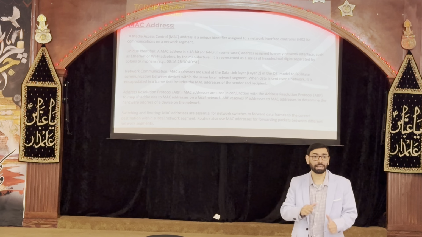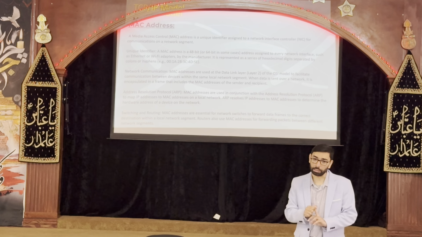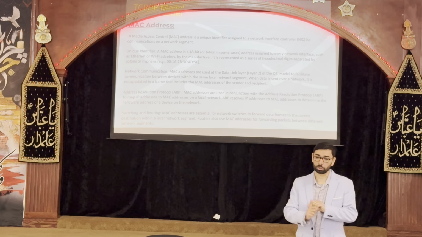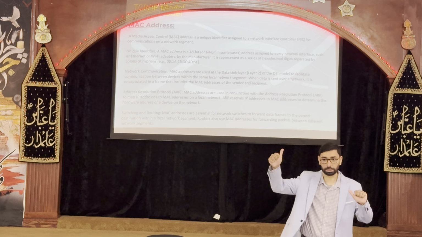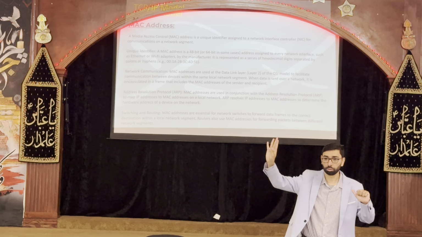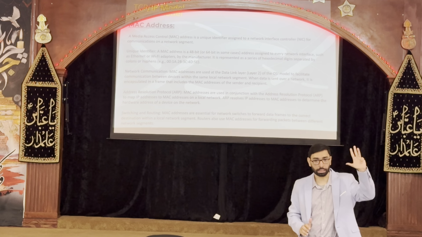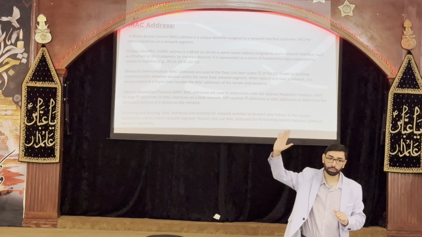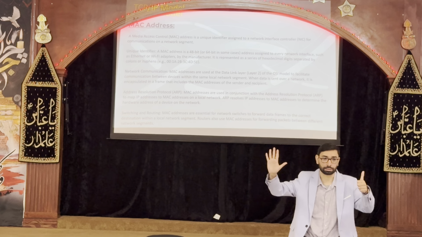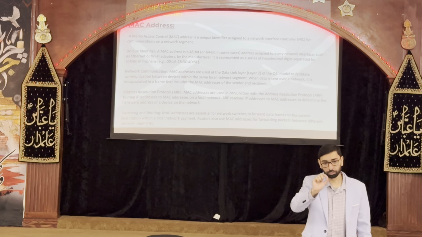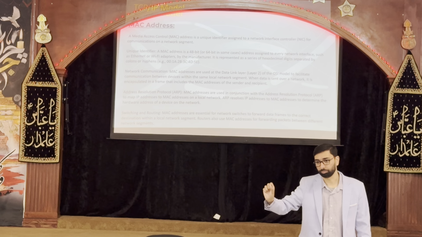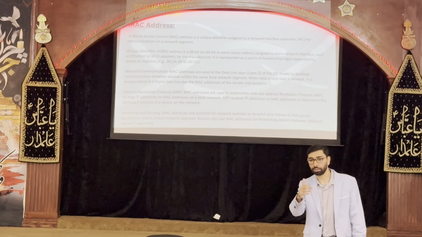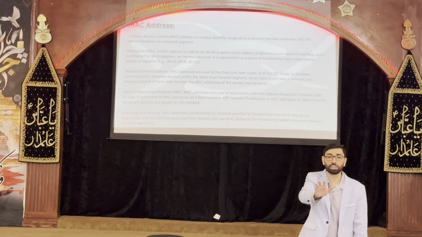So the next 6 characters are A, B, C, D, E, and F. So its range is from 0 to F. That is why you would see A, B, C, D, E, F. But there would be no G in a MAC address. That's for sure.